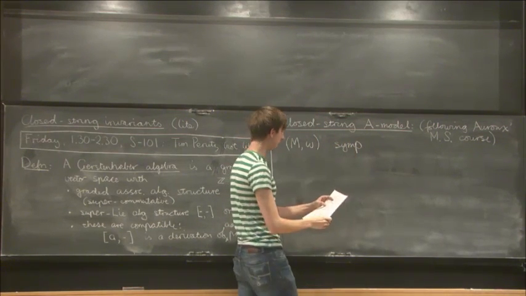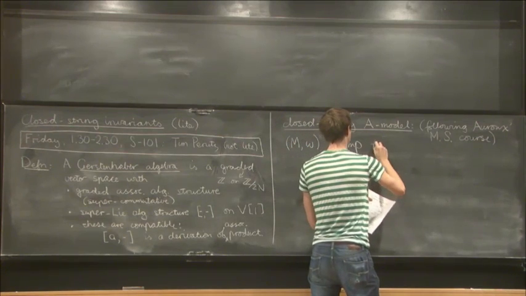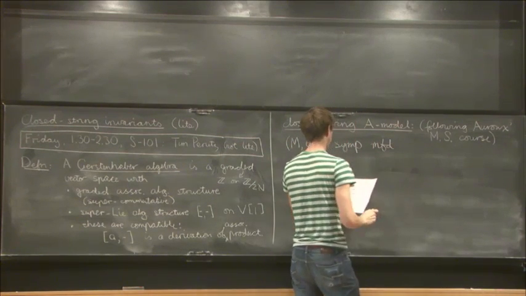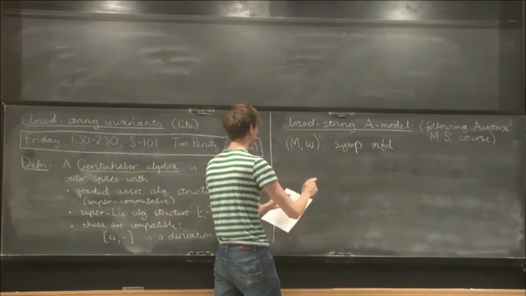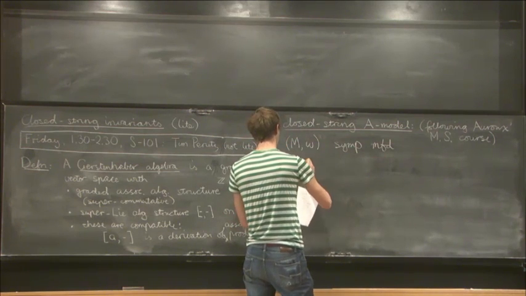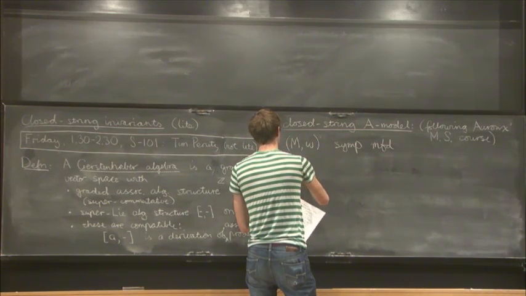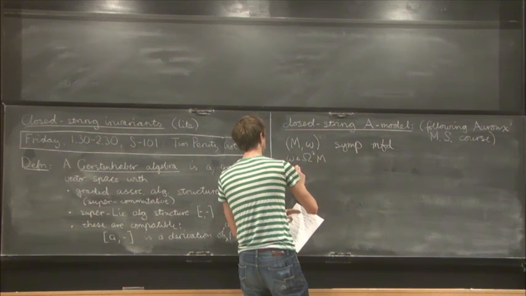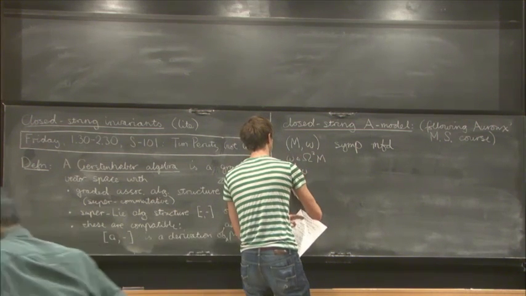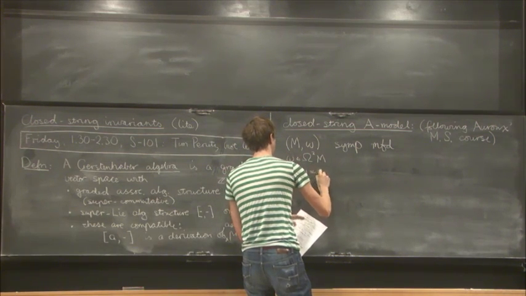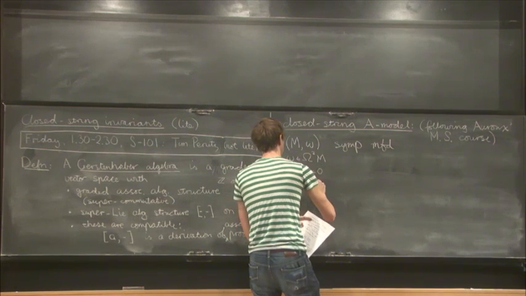Okay. So recall that A models had to do with symplectic invariants. Let (M, omega) be a symplectic manifold. So this meant omega was a two-form, closed, non-degenerate.